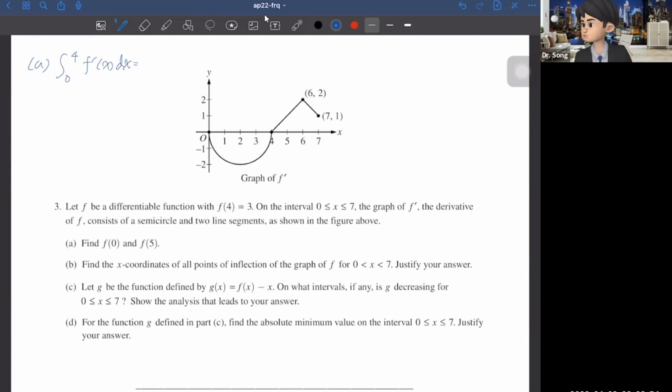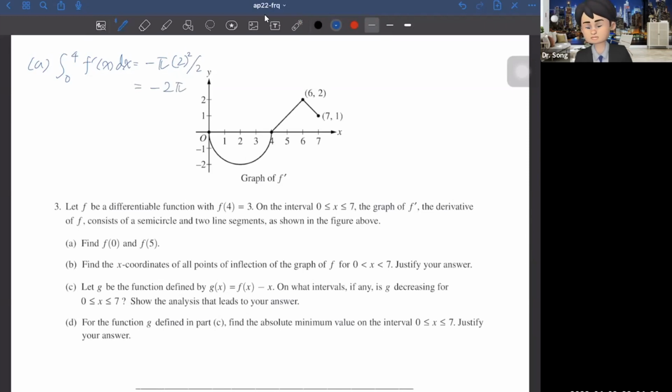So in this case, pi r squared, and r is 2, right? So here, the radius equals 2. So that is pi times 2 squared, but this is below the x-axis, so we have a negative sign. But not only that, because this is a semicircle, the area has to be half of it. So I need to divide it by half. So it becomes negative 2 pi.